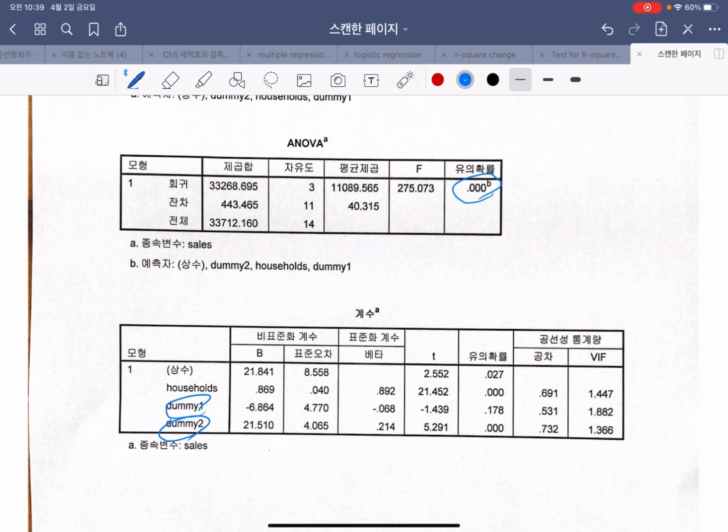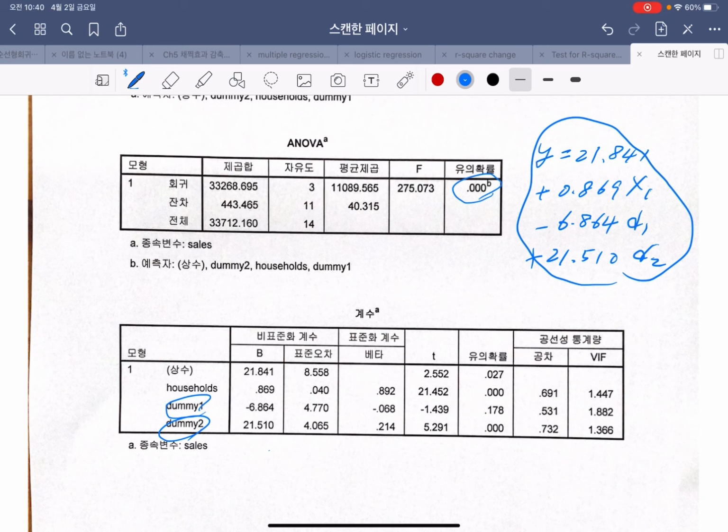Y is equal to 21.841 plus 0.869 x, and let's use x1, minus 6.864 dummy 1 and plus 21.510 dummy 2.